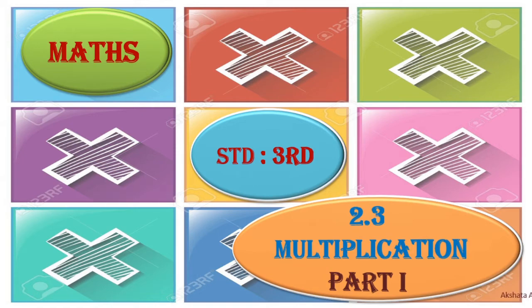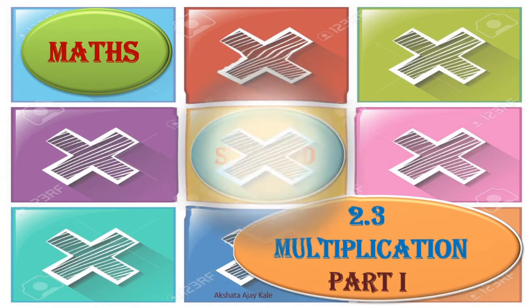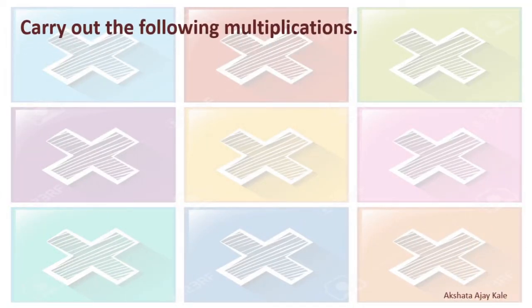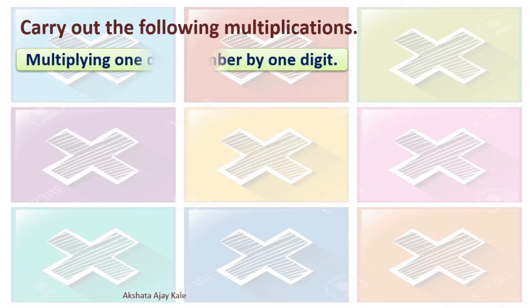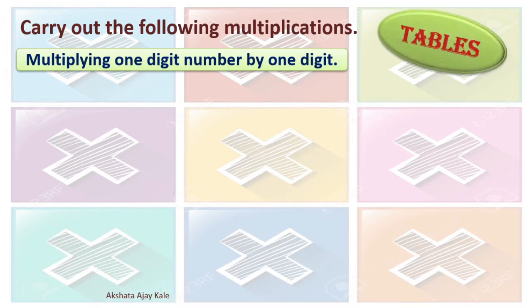Now dear children, first we will do some easy multiplications, that is by using tables. See here, carry out the following multiplications. Multiplying one digit number by one digit number by using tables.